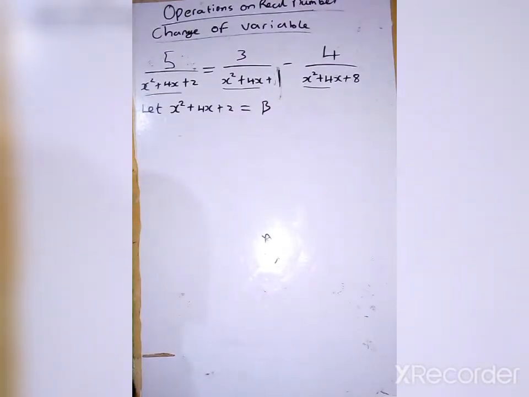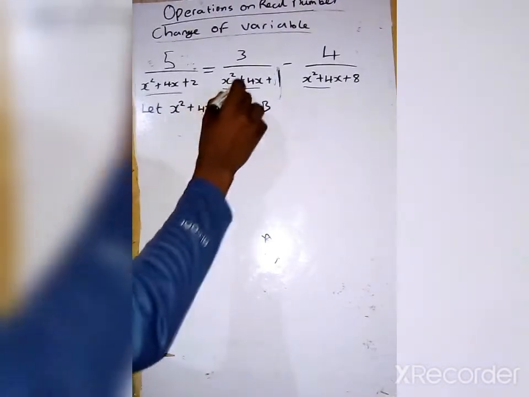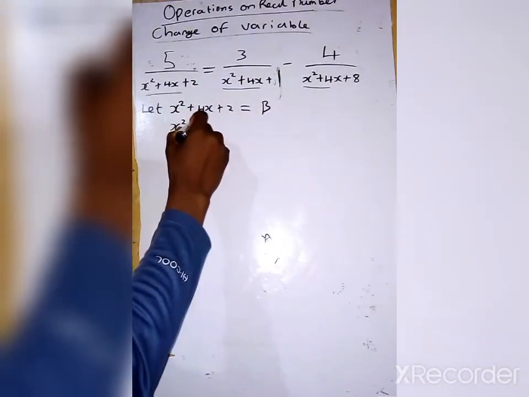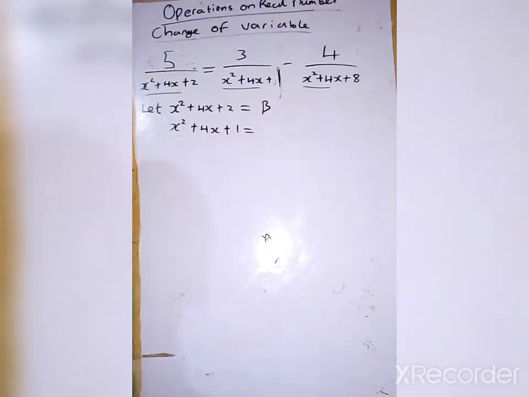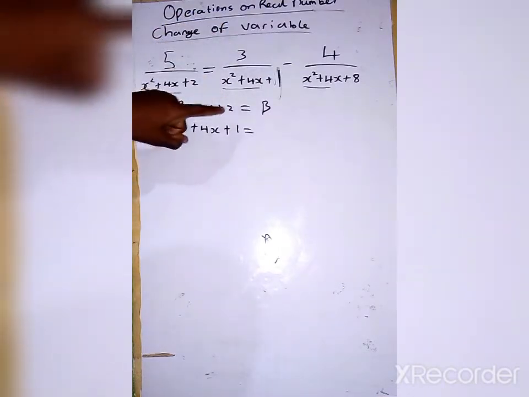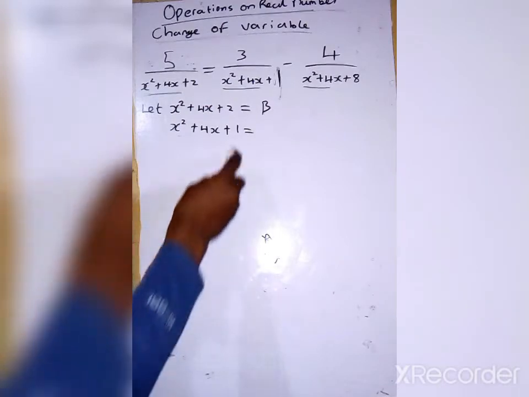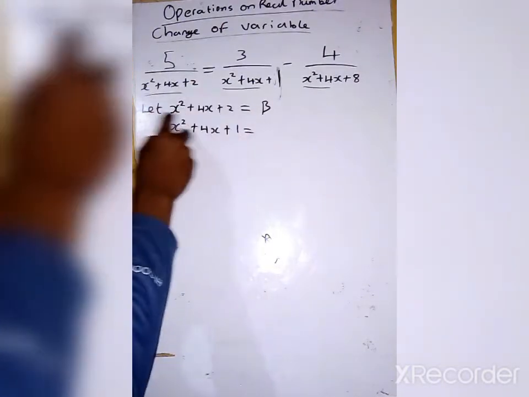What we will do now is that we have this first one. The second equation, we have x squared plus 4x plus 1 equals what? You know that in this place we have x squared plus 4x plus 2. What are we going to do to this one to make it look like this equation?